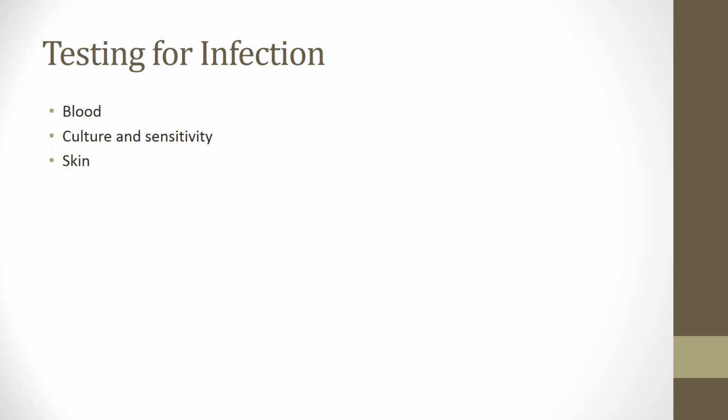Another test we're all aware of is culture and sensitivity. It can be done for blood or urine, but we culture the invading organism, basically bacteria, and then check the sensitivity against certain antibiotics.